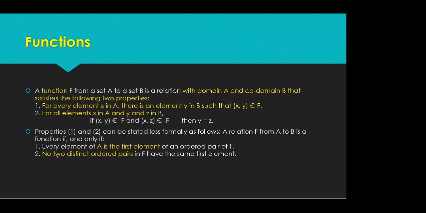And then no two distinct ordered pairs in F have the same first element. So we won't have the same X in the ordered pair for it to be considered a function.